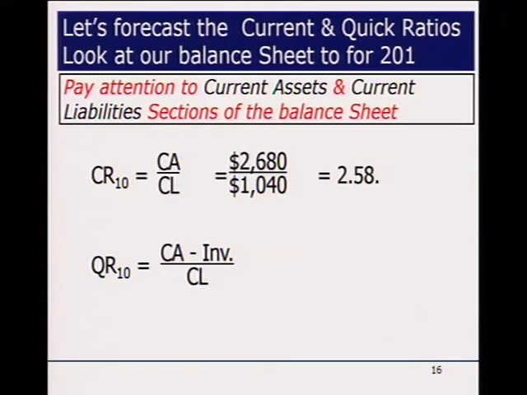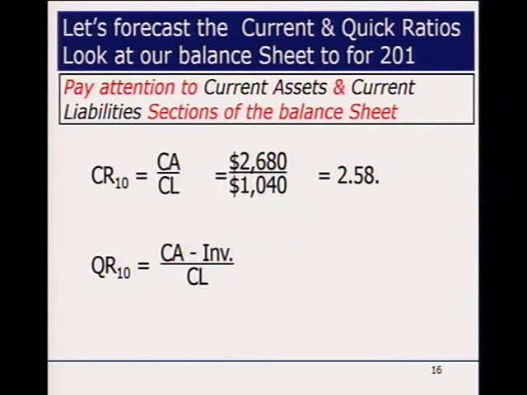Now, having done that, I want us to see what that means. Before we get to that, let's see what we get from the quick ratio or acid test ratio. That's the other ratio that we said we'll look at. This time around, we're going to be using the same documents: current assets minus inventories divided by current liabilities. As you can see from the formula, our current assets figure will not change, 2,680. Our current liabilities figure will not change, 1,040.